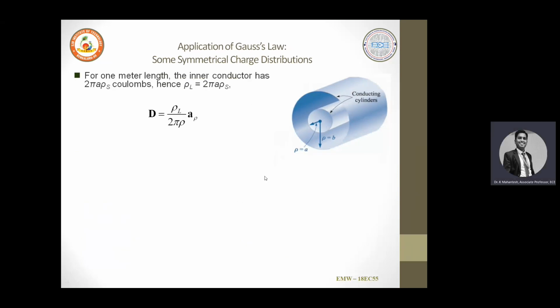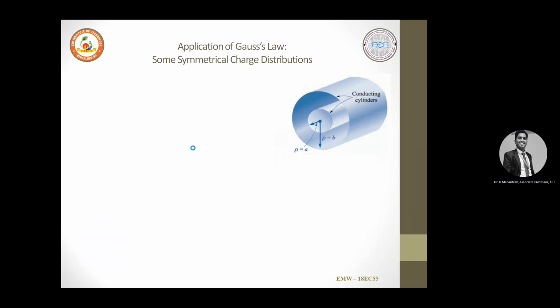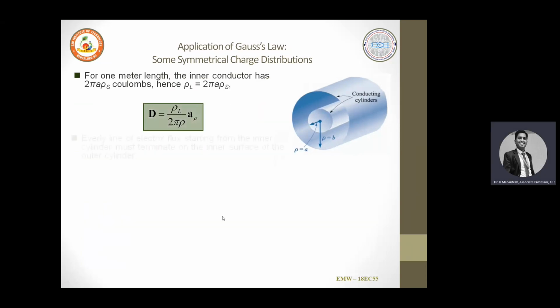For 1 meter length, the inner conductor has 2 pi a rho s coulombs. Hence, rho L will be equal to 2 pi a rho s. Therefore, my previous equation becomes D equal to rho L by 2 pi rho in the direction a rho.